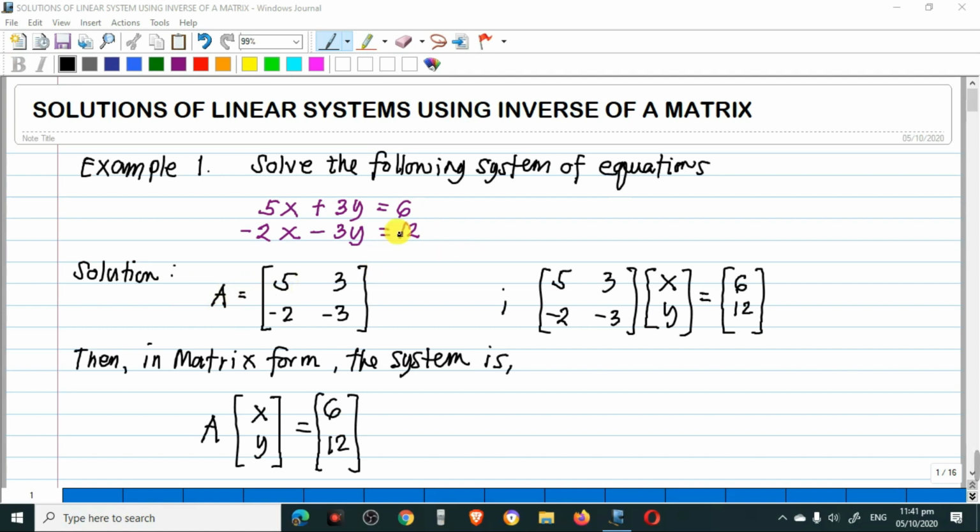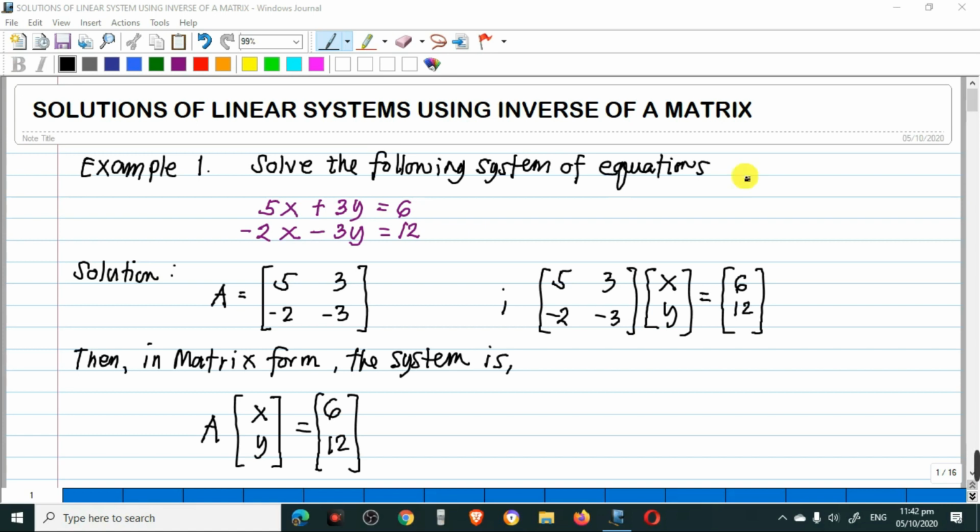Likewise, if I write all of this into matrix form, I can say that this matrix 5, 3, negative 2, and 3, if we multiply it by x and y, gives an equation that is the same as this one. Since we already know how to multiply matrices, or if you forget, you can just watch again our topic on multiplication of matrices in the previous topics.